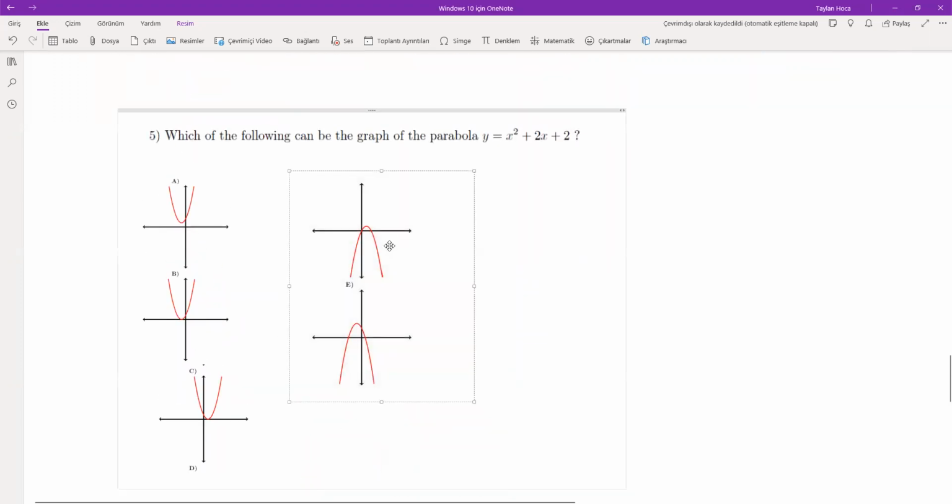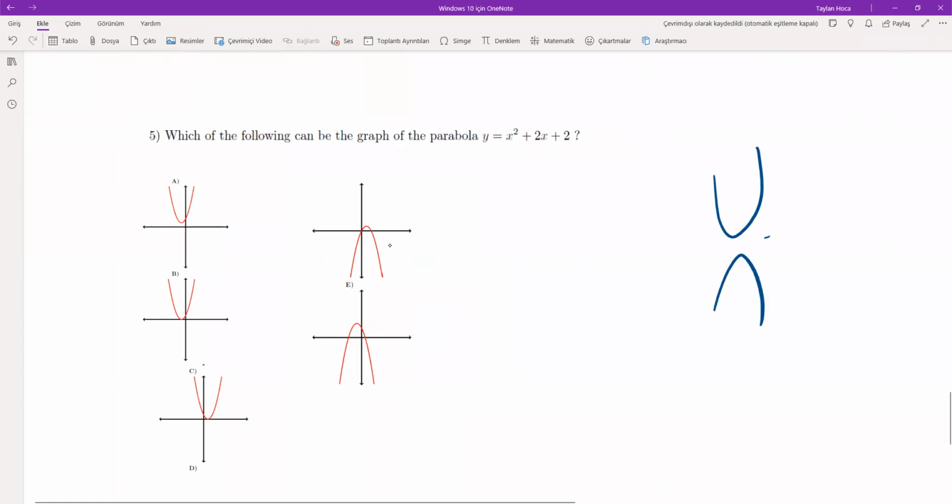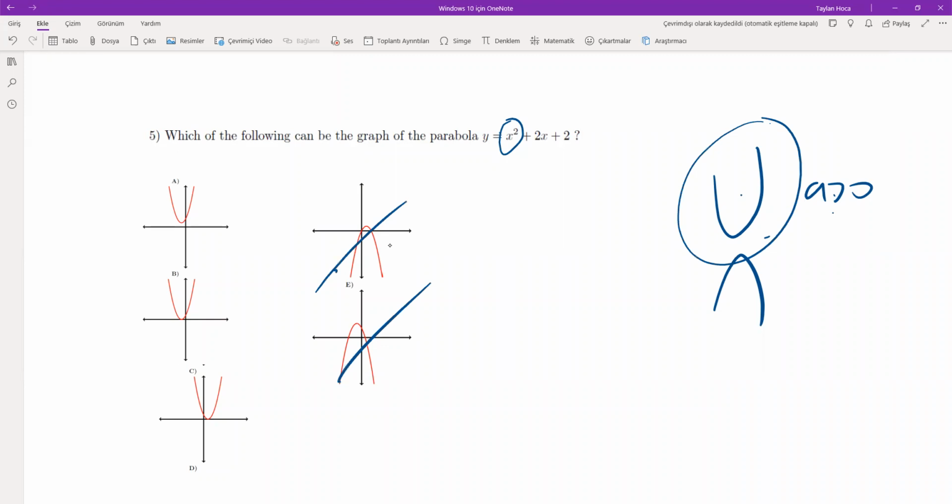First, the shape is this or this. Since a is positive, so I have a positive coefficient of x squared, which is 1, the shape is this one. Second, the y-intercept is positive. Okay, all 3 can be the correct answer.